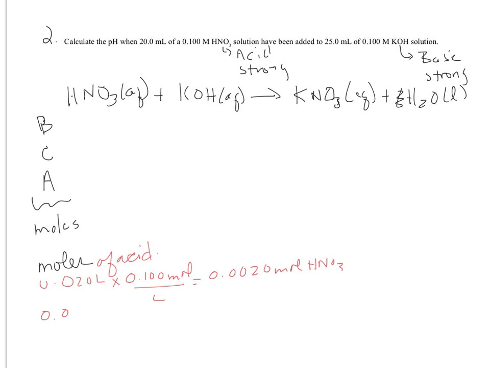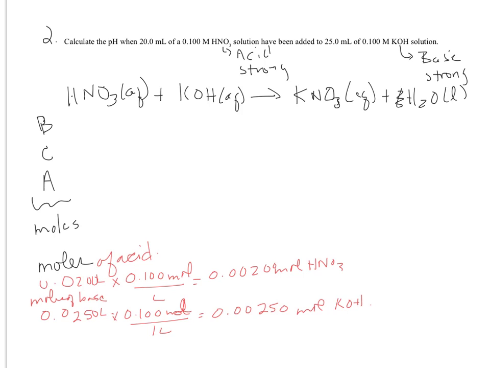And then I have 25 milliliters, and I should put a 0 there, and a 0 there, times your concentration for the base. This should be labeled moles of base. Over 1 liter, that is the concentration. This is moles. I do get a little sloppy. 0.0250 moles of the KOH.